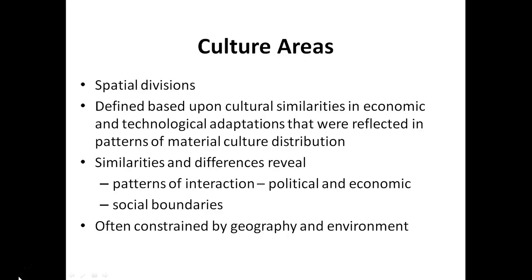The similarities and differences between these patterns of material culture across different regions reveal interaction between different regions, both political and economic interactions, as well as define social boundaries. Now, these culture areas are often constrained by certain geographic and environmental characteristics, by mountain ranges, by the distribution of certain ecosystems, by bodies of water.